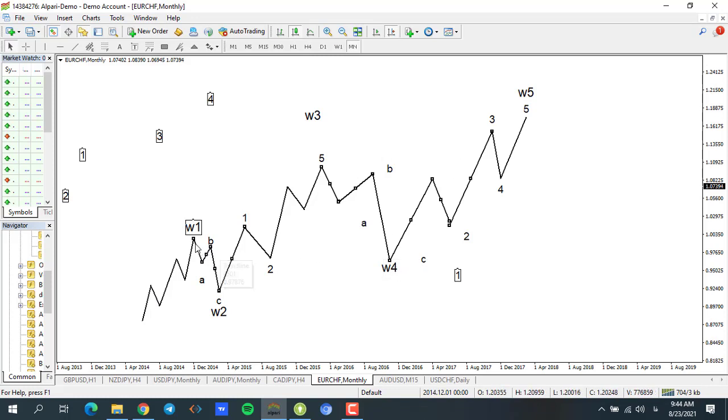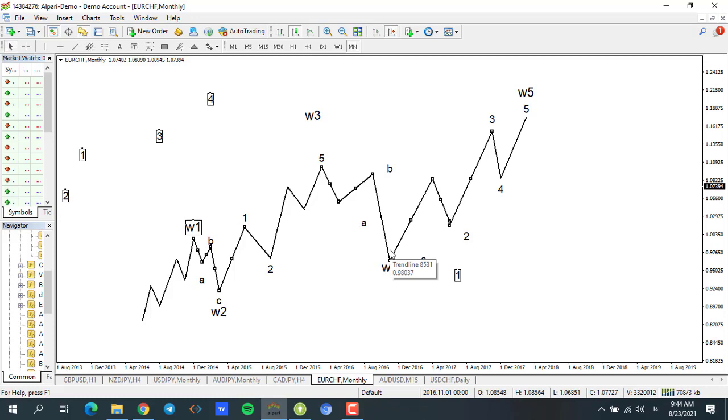And our fourth wave enters the territory of the first wave, and we couldn't use the method that I mentioned in the last episode. We couldn't use the microwaves of W1 or W5. Then we can call this a terminal pattern.